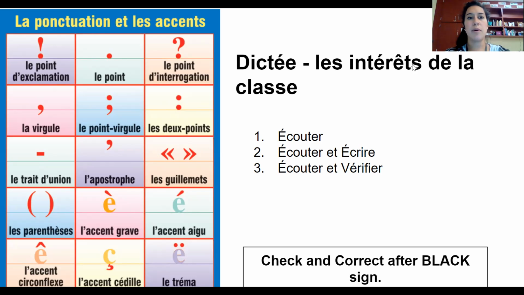So when we do dictée, you're going to hear me read a sentence in French. At your level, it's a short, simple sentence that you've heard before. Usually when we're in class, I read that sentence out 3 times. That's why here we have un, deux, trois.